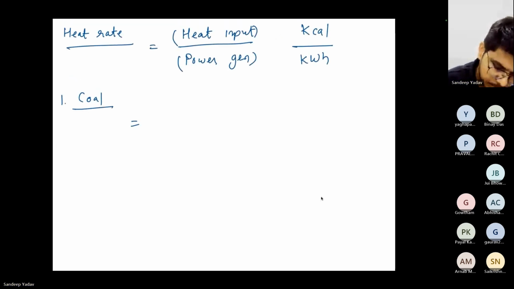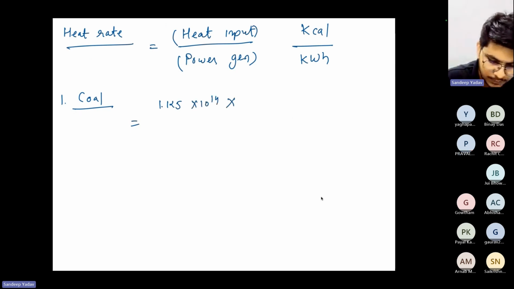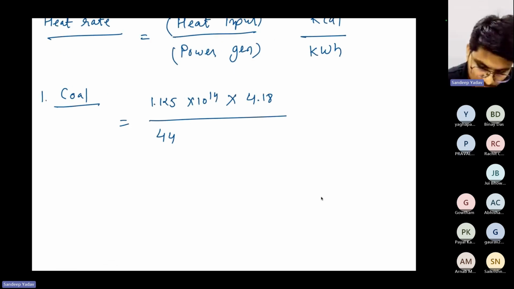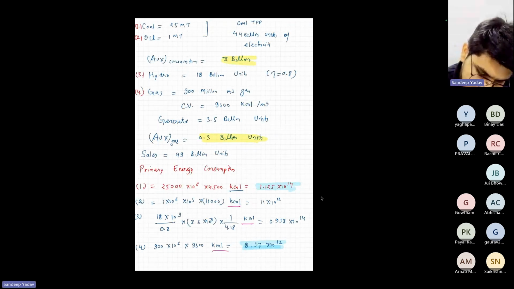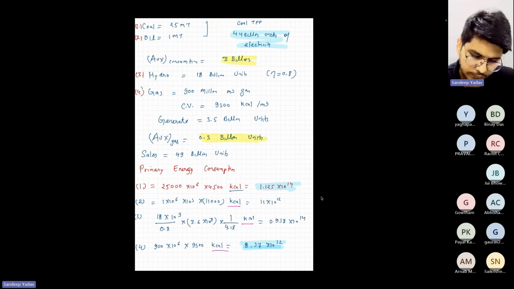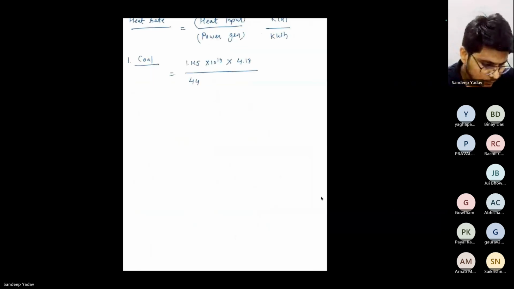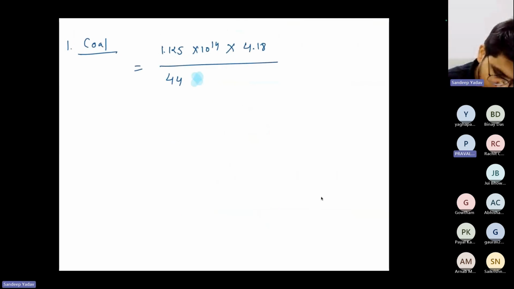What is the heat rate? The input heat energy will be 1.125 into 10 raised to power 14. If you want to convert into kilojoule, you multiply by 4.18. What is the power generation? The total power generation in the question is 44 billion units of electricity, so there is 10 raised to power 9.